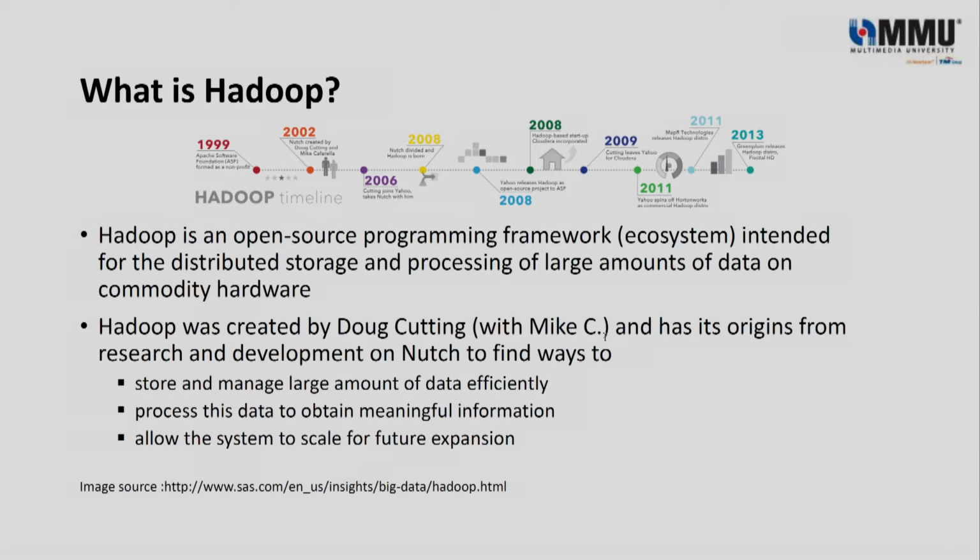Hadoop is an open source programming framework intended for distributed storage and processing of large amounts of data. It was created by Doug Cutting, and has its origins in research and development on Nutch. Nutch was a search engine that Doug Cutting was working on. When he was working on Nutch, he found that he could not scale and was not able to process data efficiently.